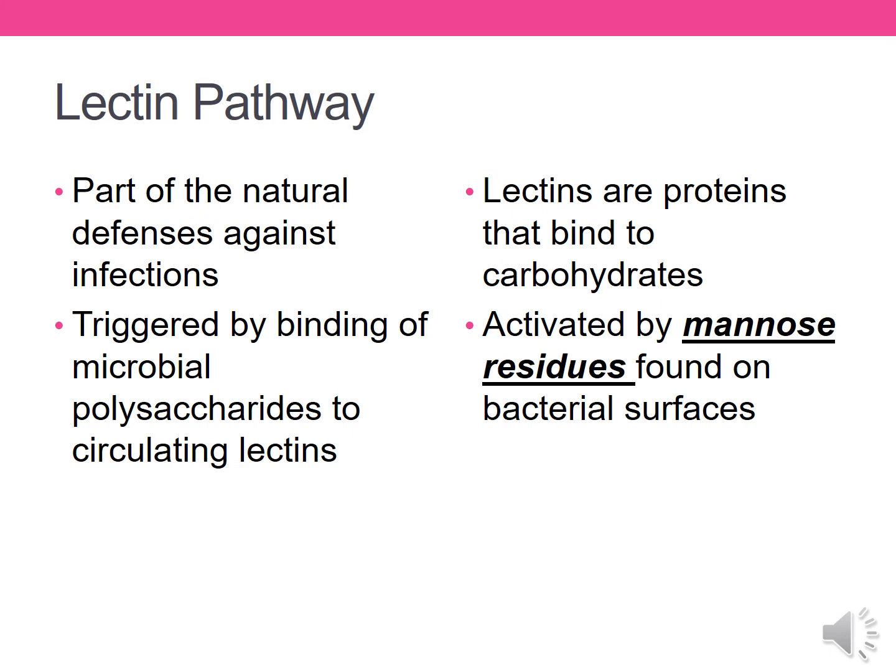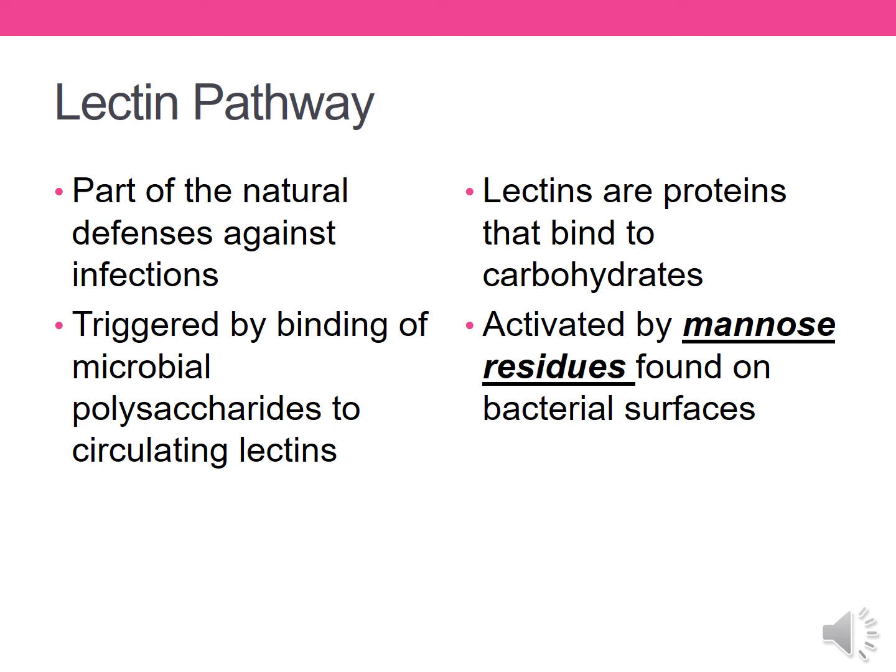The last pathway is the lectin pathway. This pathway provides a link between the innate and acquired immune response because it involves nonspecific recognition of carbohydrates that are common constituents of microbial cell walls, and they are really distinct from those found on human cells.